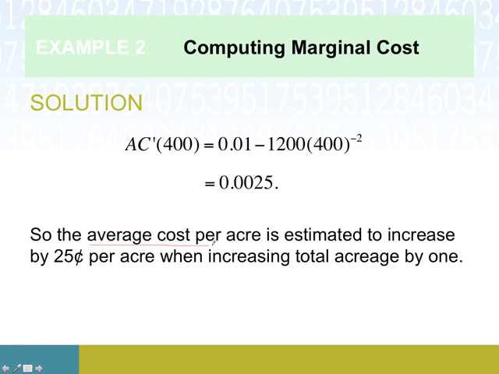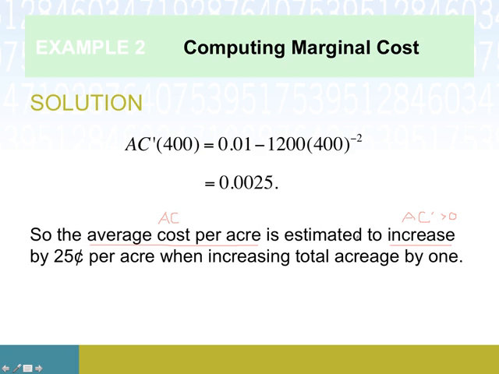Average cost per acre, this is the function that we were asked to study. That's just AC. So I'm just parroting back what this function actually represents. Average cost per acre is anticipated to increase, and that's because the derivative was a positive number. So AC prime was bigger than 0. That's going to imply that this function is growing, which makes sense.